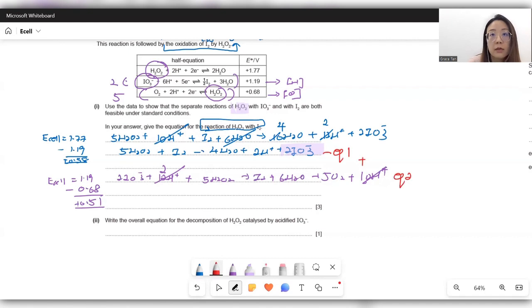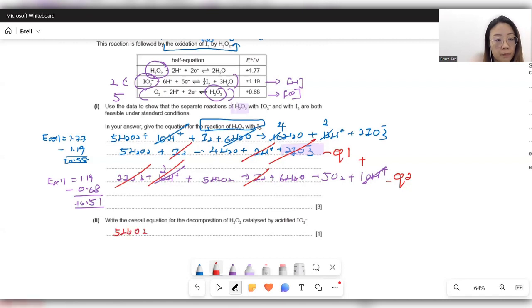If you add up everything, this iodine and this iodine can cut. 2IO3 minus and 2IO3 minus can cut. Now these 2H plus and these 2H plus can cut.